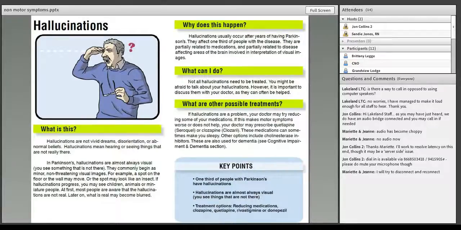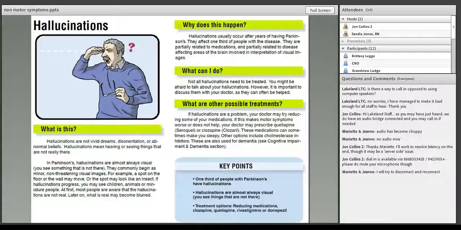So, for example, it may be necessary also to taper some of the more sedating medications that are given in adjunct with Parkinson's medications. Anything that would cloud their level of consciousness. Even antidepressants can sometimes cause this to be a problem. Again, just be aware that these things do not happen quickly for people with Parkinson's.